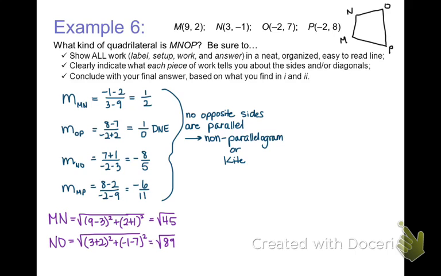So I know that NO is not congruent, but it could still be that MN's congruent side is MP, right? So let's check that. All right. So with MP, we would have 9 plus 2 squared plus 2 minus 8 squared.